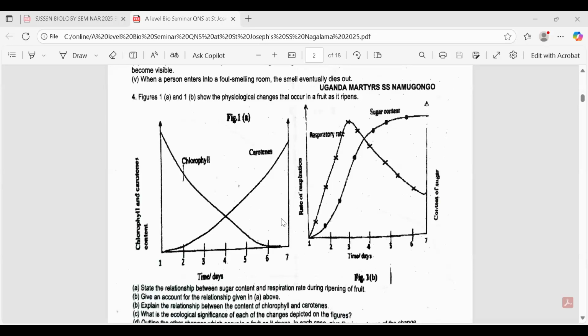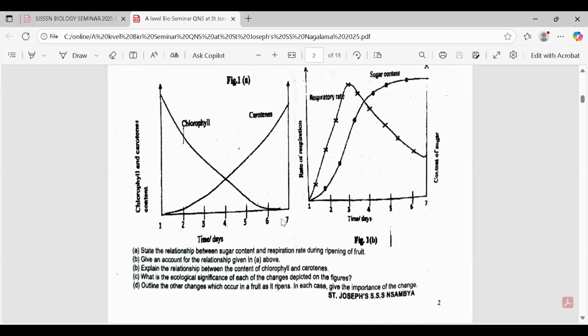And then there is another question here on outline the major other changes which occur in a fruit. Other changes which occur are there is formation of volatile organic compounds like esters that bring up good aromas. There are a number of processes that take place.